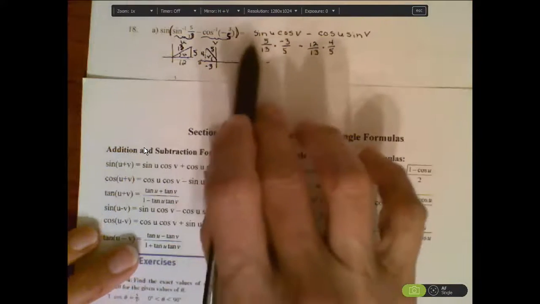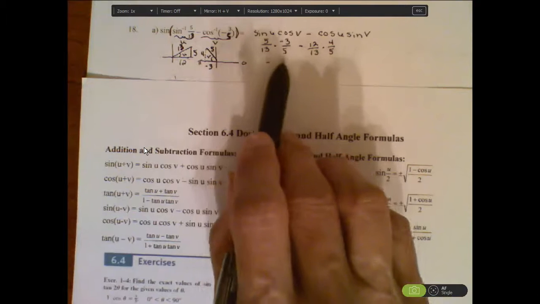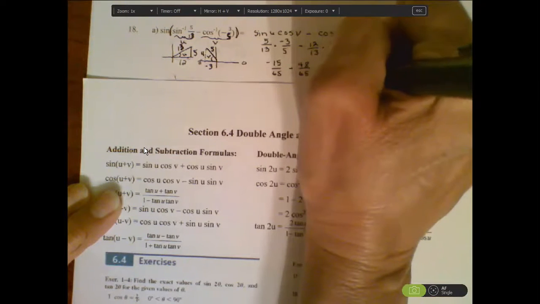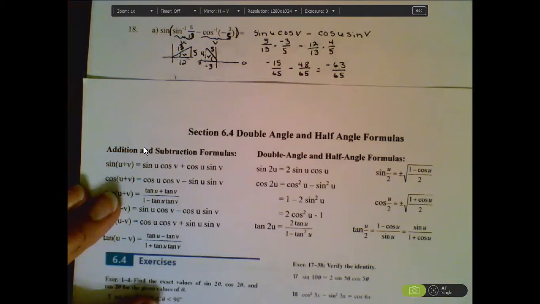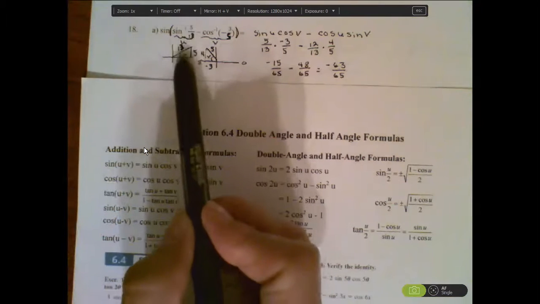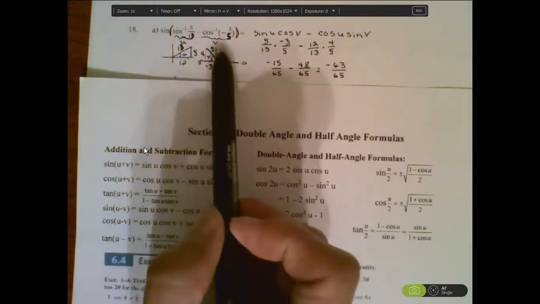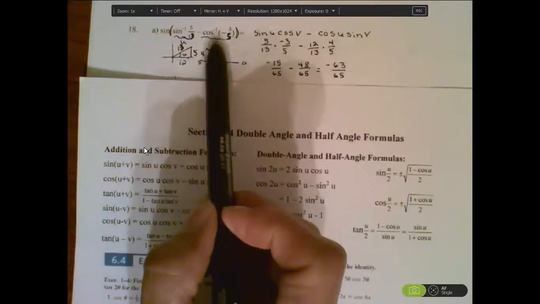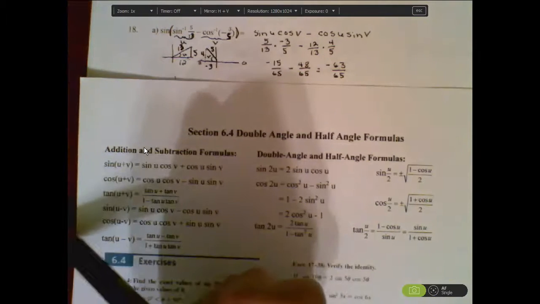That's negative. I would cancel my 5s, but if I did, I wouldn't have a common denominator so that I could add. So I'm not going to cancel my 5s. I'm just going to call that -15/65 minus 48/65 is -63/65. So without knowing what angle U is or what angle V is, I could still find the sine of U minus V using the subtraction formula for sine.